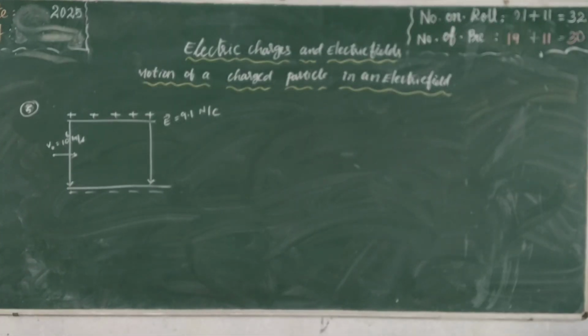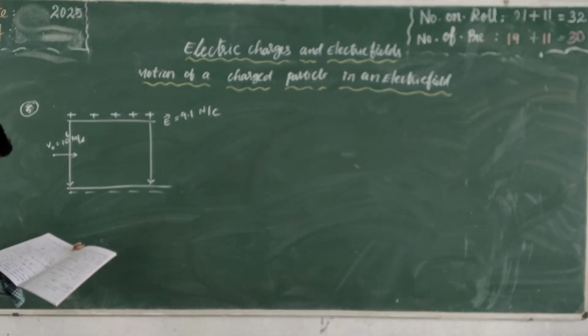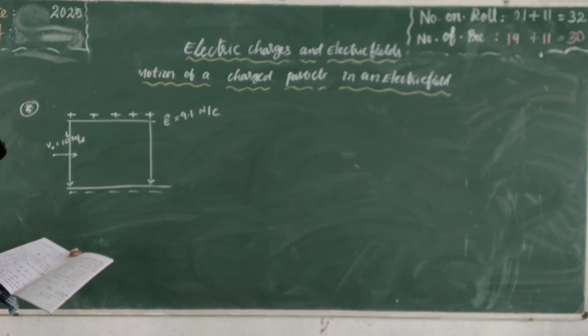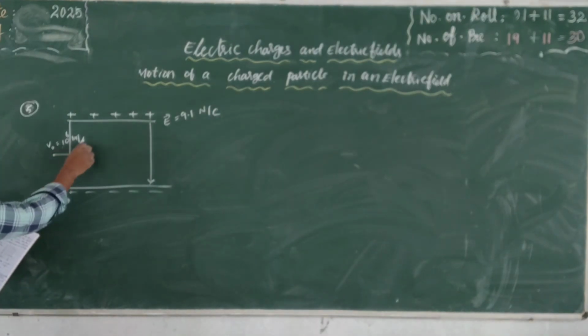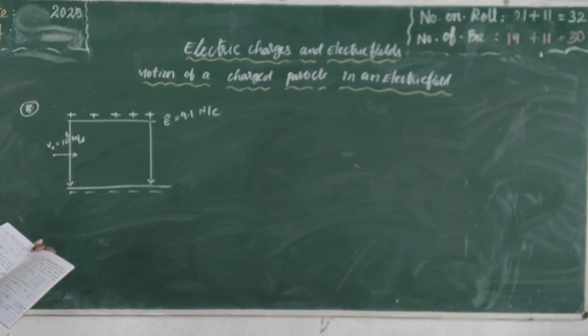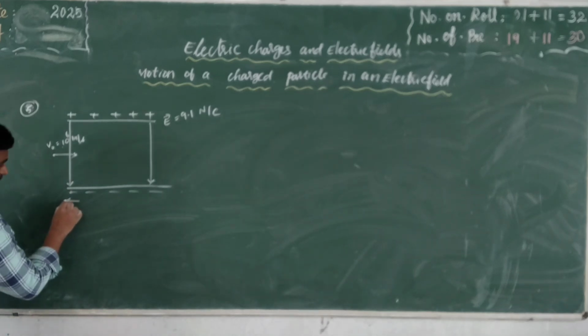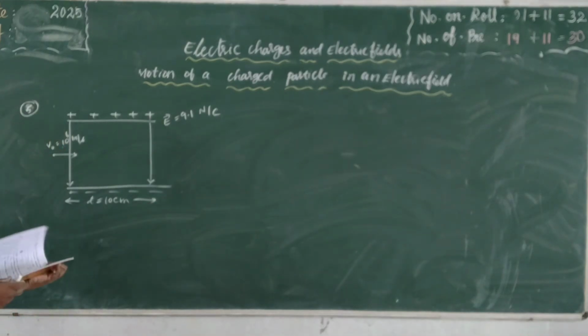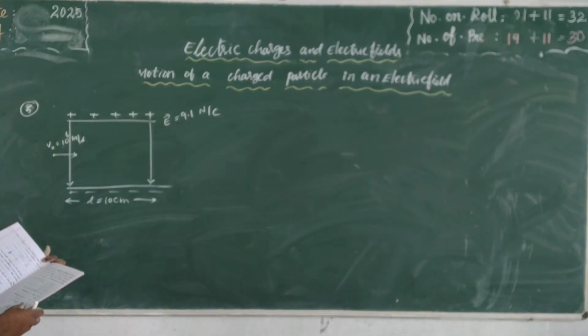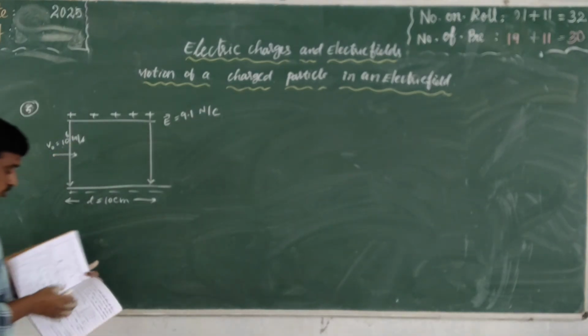Let me read the question first. The given figure shows an electron entering the space between the plates of a parallel plate capacitor with an initial velocity of 10 power 6 meter per second. The length of the plates is 10 centimeter, and the electric field in the region is 9.1 Newton per Coulomb.